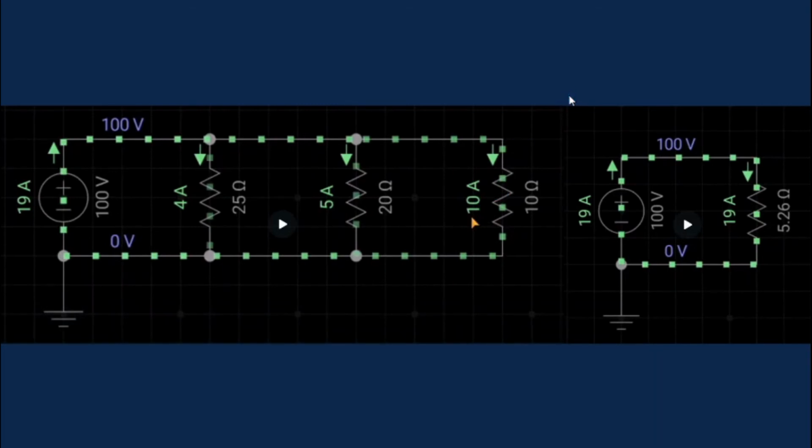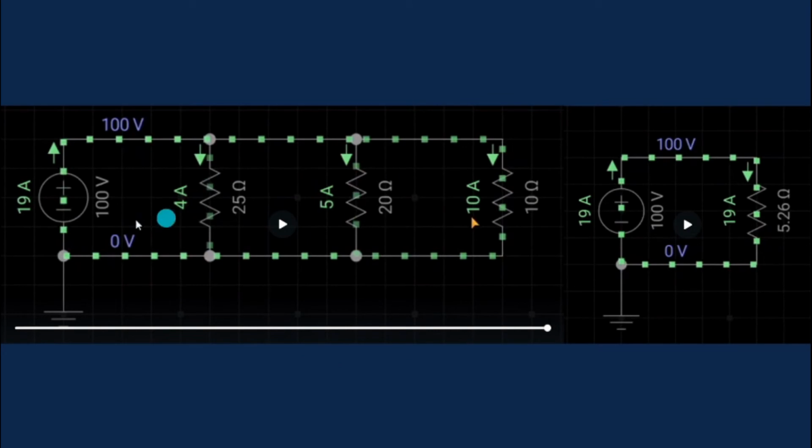So what we actually discussed kanina is there are 2 ways to solve the total current. Either we use the KCL, calculating the individual currents, 100 divided by 25, 4, 5 amperes, so 10 amperes, and then adding them up, totaling to 19 amperes.